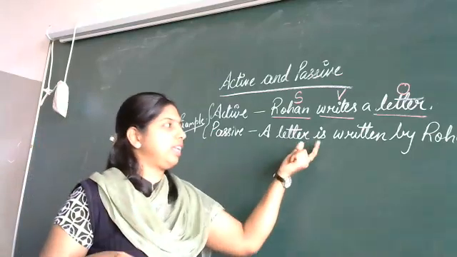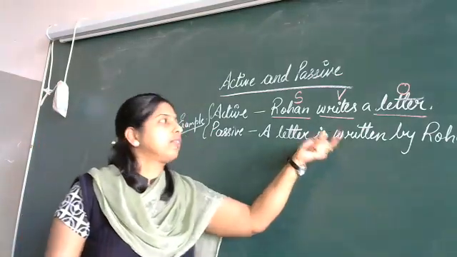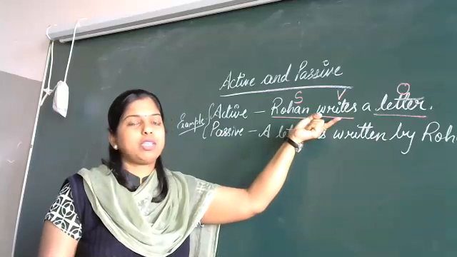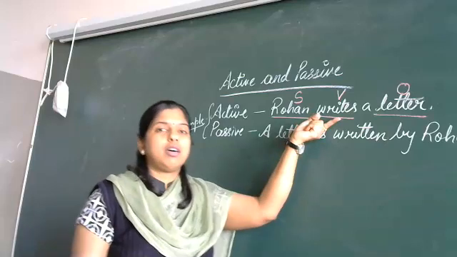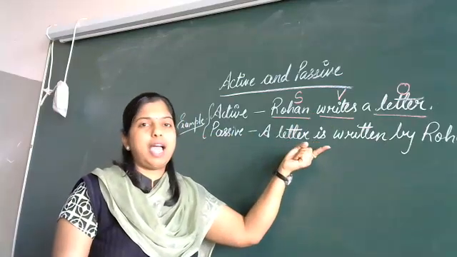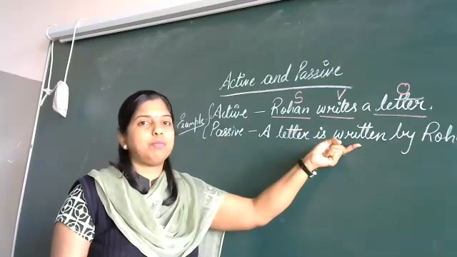Okay, why we have written is written here? Yesterday we have learned in that class that when it is in simple present tense, what is the change? What is the word we use in the passive? That is is, are, am, and the past participle of the verb.